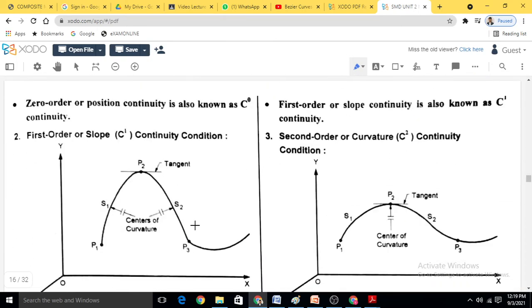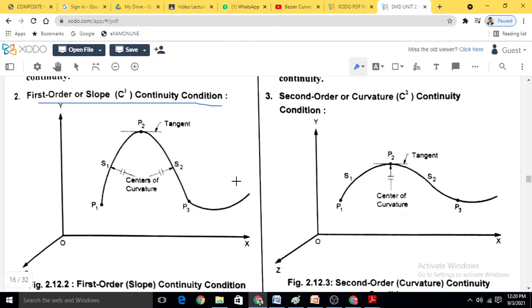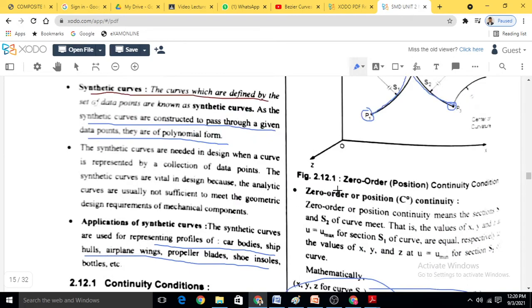Now there is another type, called the first order or slope continuity. The second condition of continuity is called first order continuity or slope continuity. In this type of continuity condition, we will take the derivative of this equation.